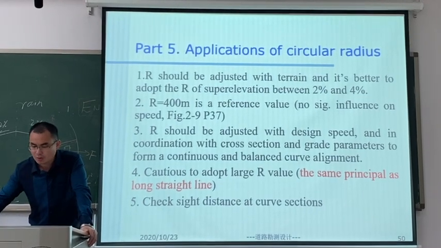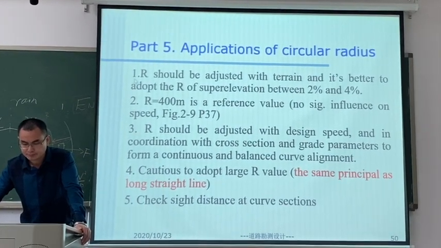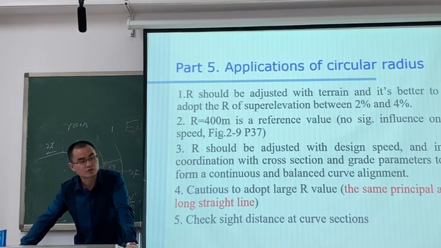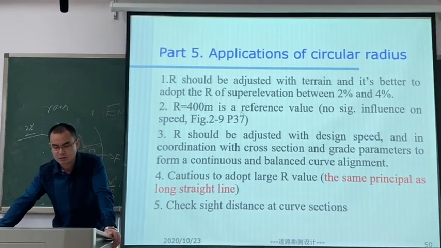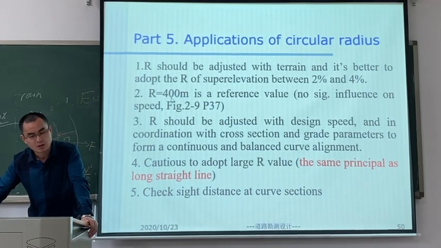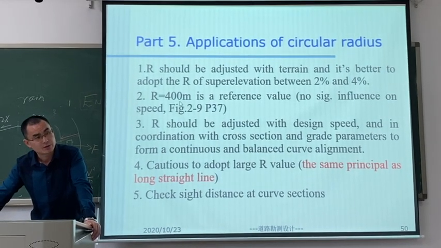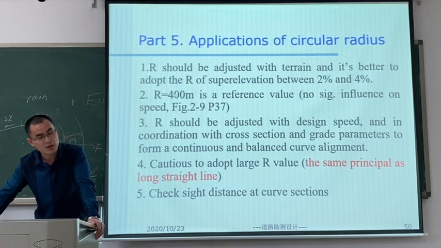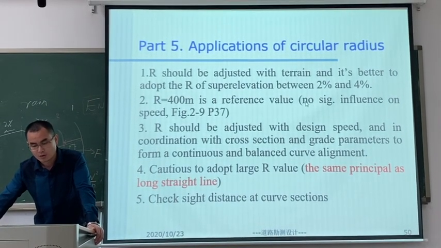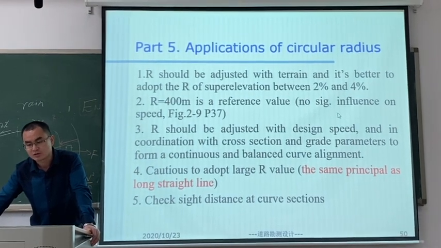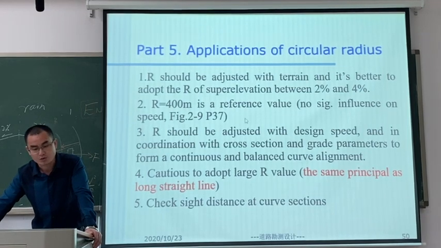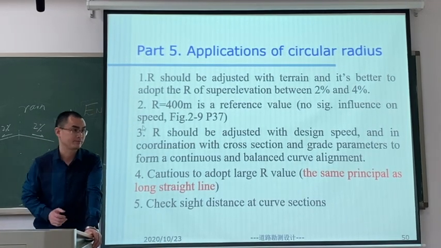When R is greater than or equal to 400 meters, there is no significant influence on driving speed.